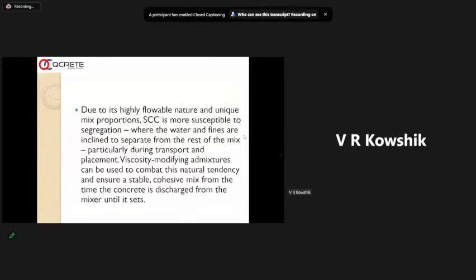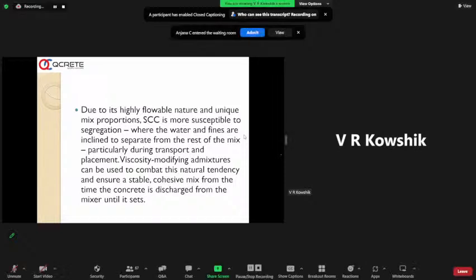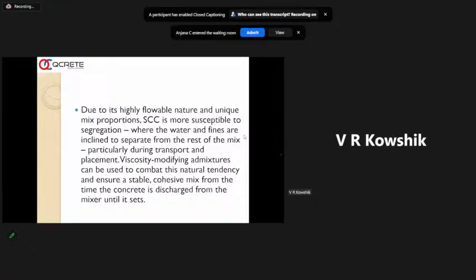And then came the biggest shift in concrete technology itself, when the Japanese scientists started making SCC, self-compacting concrete, where they were actually trying to make a high-performance concrete. The SCC mix has more fines and less coarse aggregates, and generally now we have 12 mm down rather than 20 mm down.